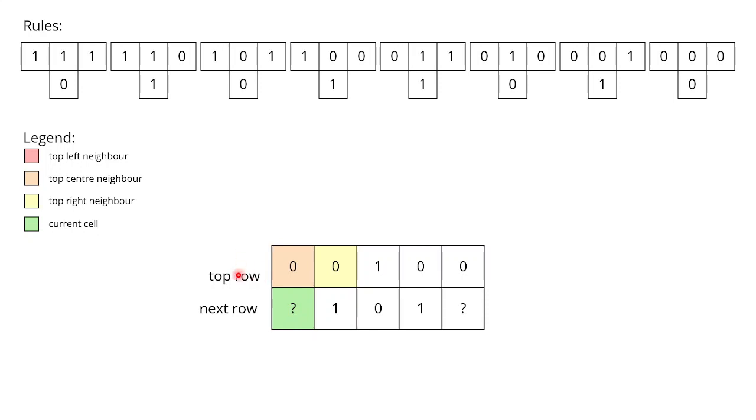You can see there is no cell here, right? There's no cell. So actually, it will wrap around the grid. Again, it will wrap around the grid. So meaning, the top left neighbor of the green is the one at the other end, the 0 at the edge. So that becomes its top left neighbor.